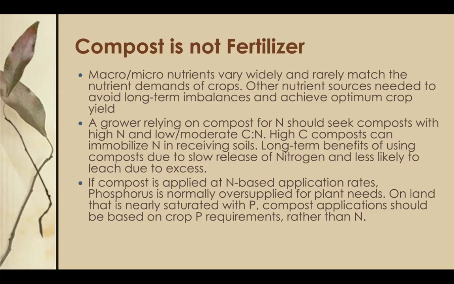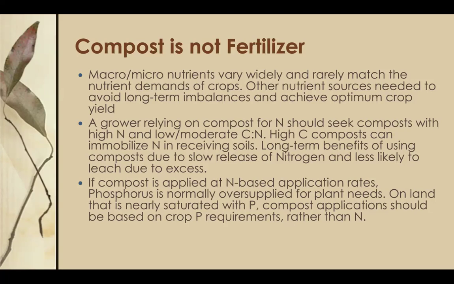And in fact, if you apply at nitrogen-based application rates, then you are potentially going to over apply the amount of phosphorus that you need. It's going to reach the upper limit and become toxic for the plants. And so on land that already has a lot of phosphorus in it, you want to think more about the phosphorus requirements than the nitrogen requirements, because that upper limit is a lot lower.